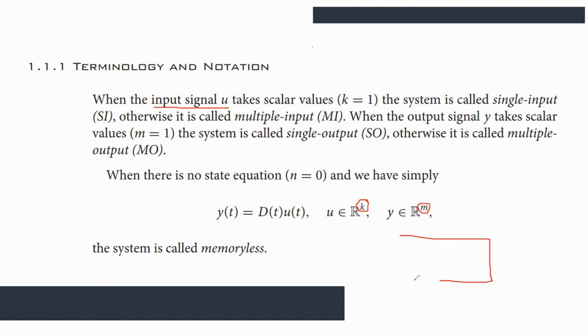So if we have a single input, then k will be equal to 1. And if we have a single output, then m will be equal to 1. Otherwise, if they are not equal to 1, then we have multiple inputs to the system, and similarly, we have multiple outputs from the system.